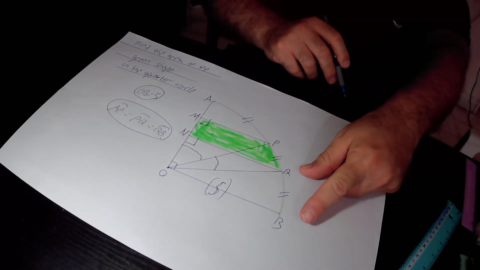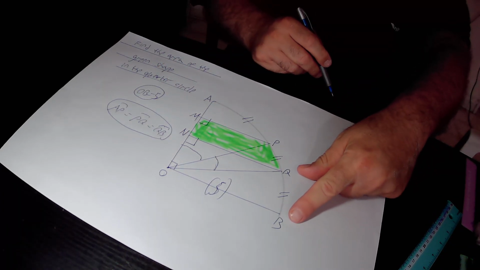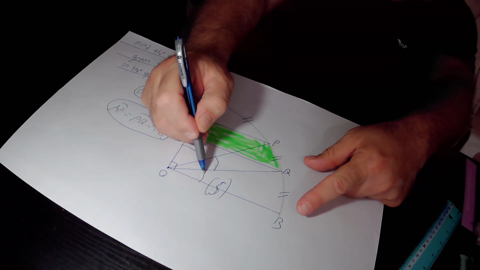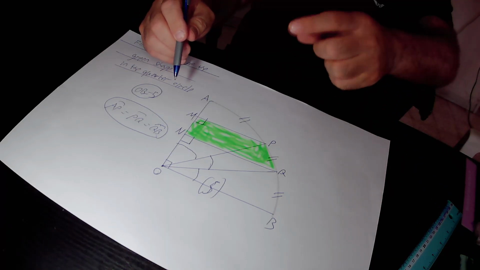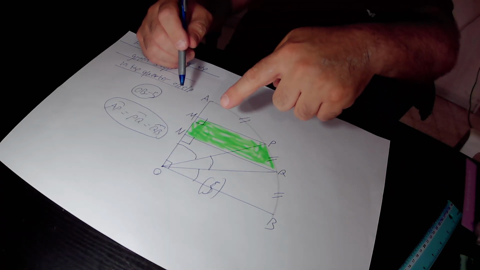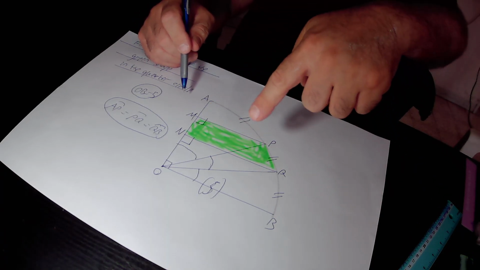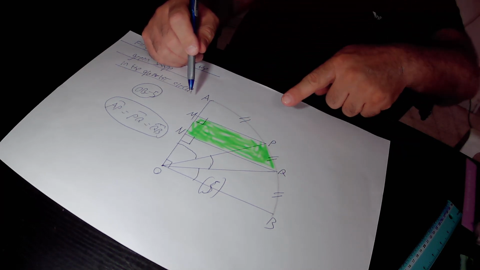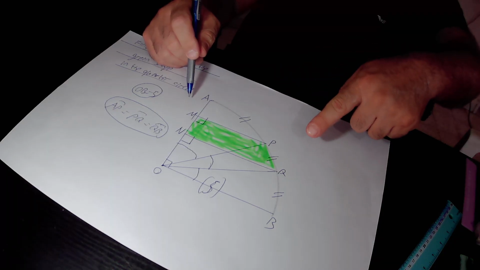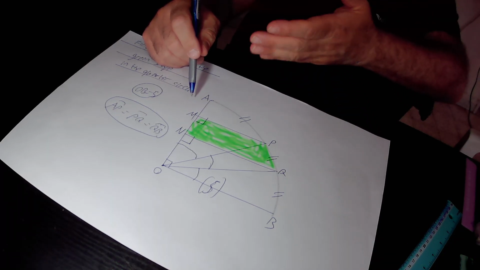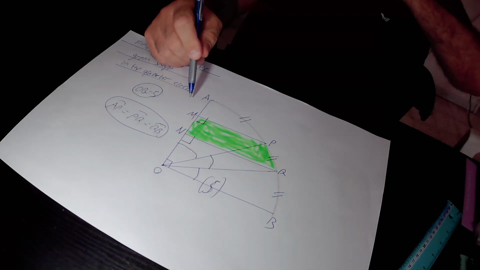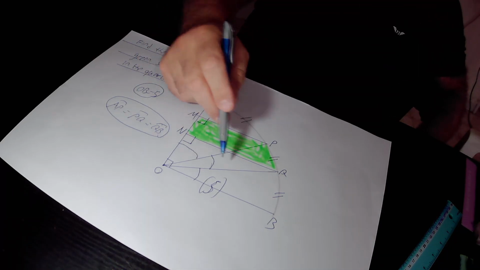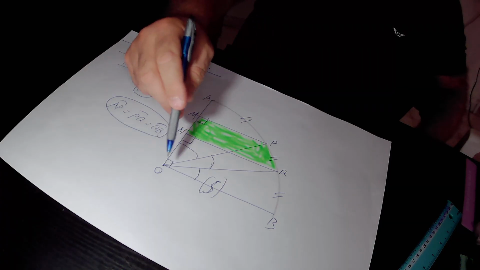And finally, in front of this arc QB, we have this central angle QOB. Because those three central angles AOP, POQ, and QOB are located in front of three equal arcs, AP, PQ, and QB, they must also be equal to each other. That is to say, central angle AOP equals central angle POQ equals central angle QOB.